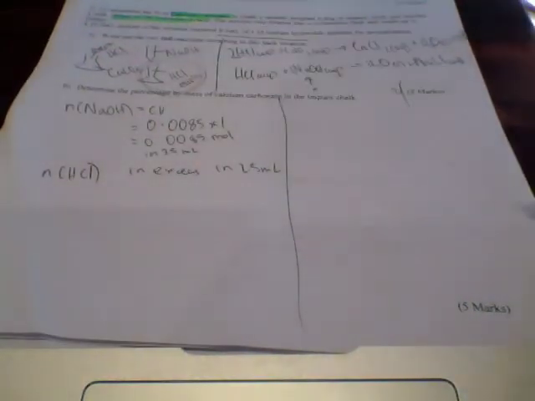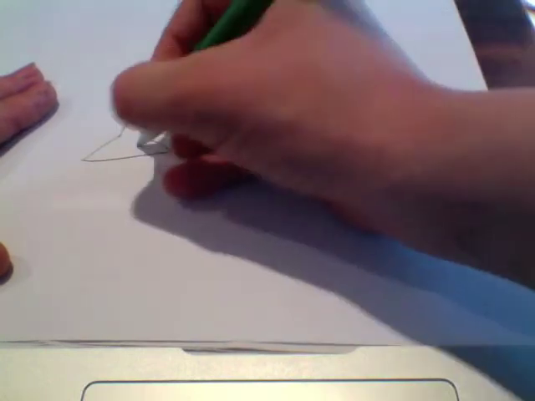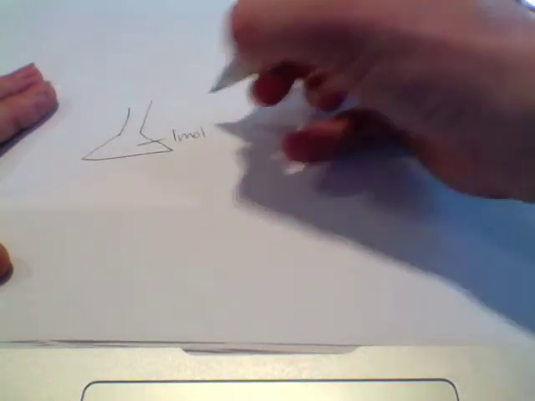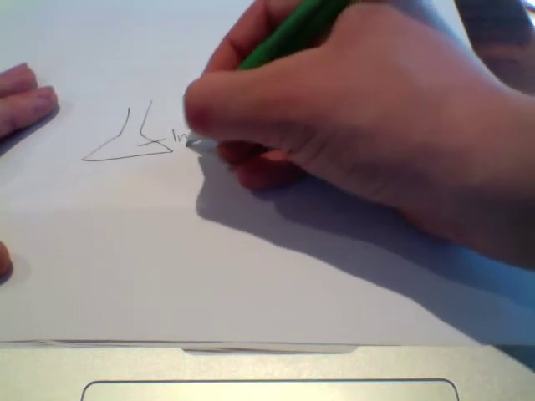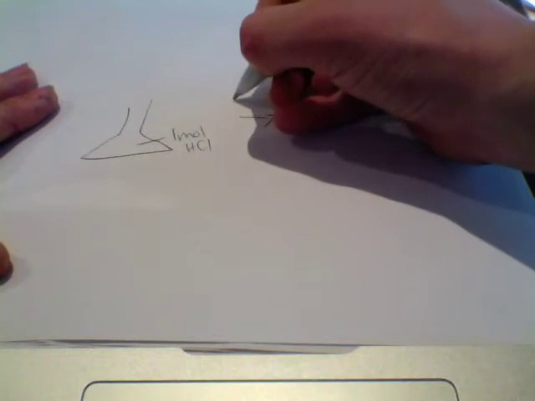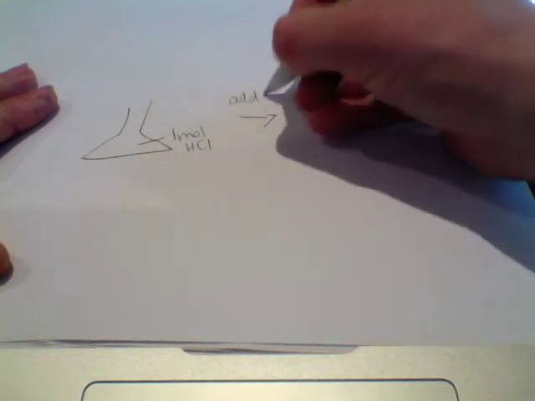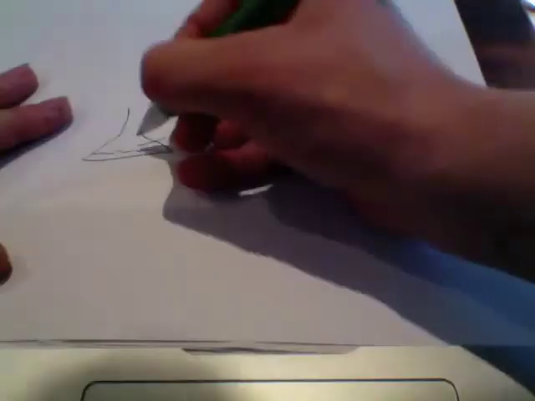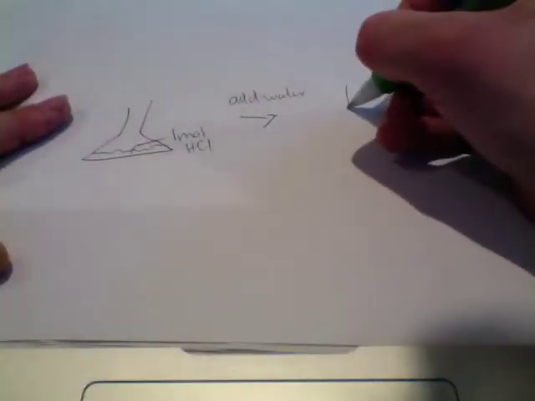But remember, the initial solution was actually 250 millilitres. Let me give you a reminder of dilution. Let's say we have a conical flask and we've got 1 mole of HCl, right? And then we add water. So we start off like here, got 1 mole there.